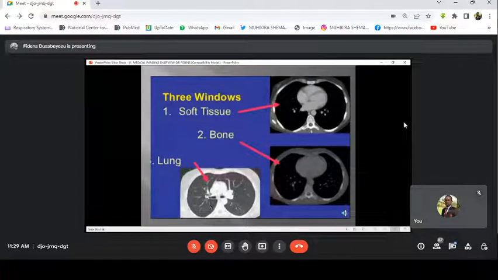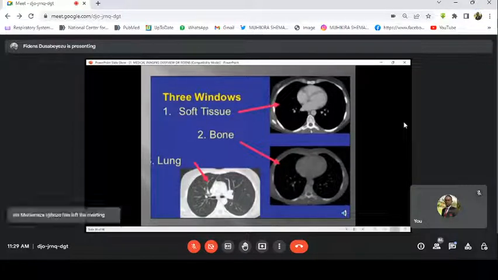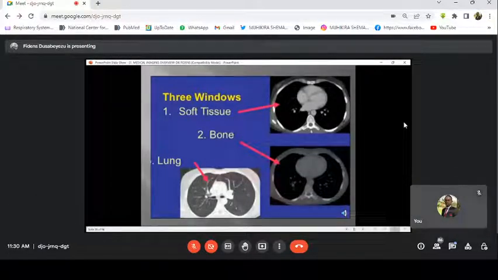Like here, you can see the pulmonary vessels passing through the lungs. So CT scan has the capability of changing the imaging in different windows, but you have only three windows, plus the 3 dimension I have shown you. All right.